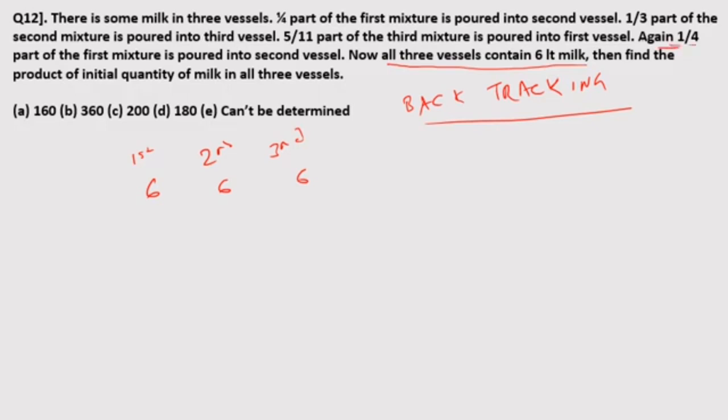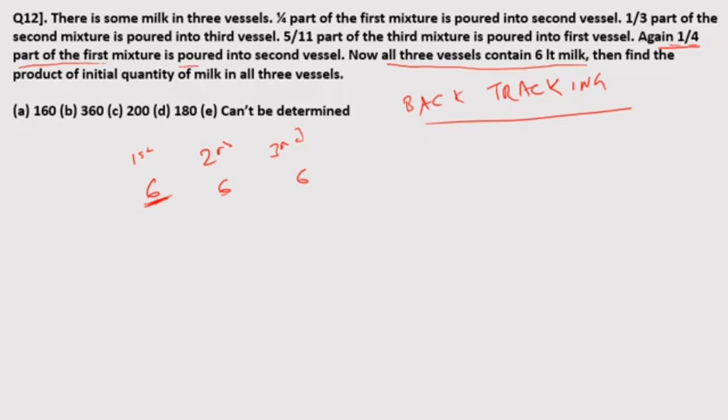Again, it says 1/4 part of the first mixture is poured into the second vessel. That means 6 corresponds to 3/4 part, right? 1/4 part is getting poured and after that it is becoming 6. So this 6 in the first vessel is actually 3/4 of the quantity.